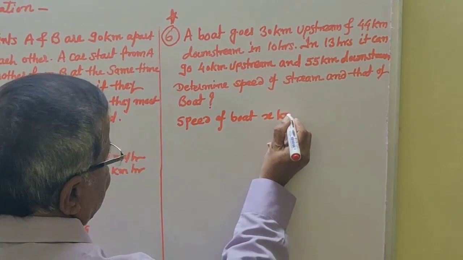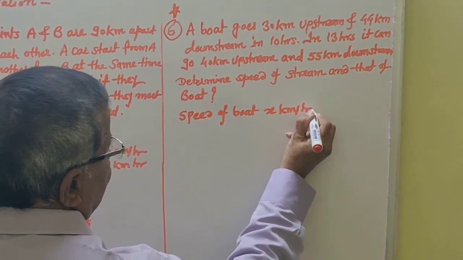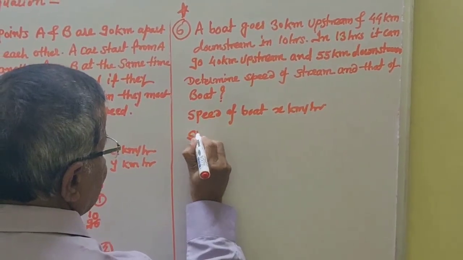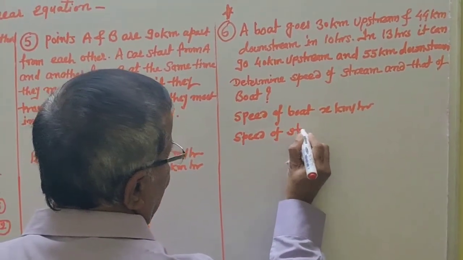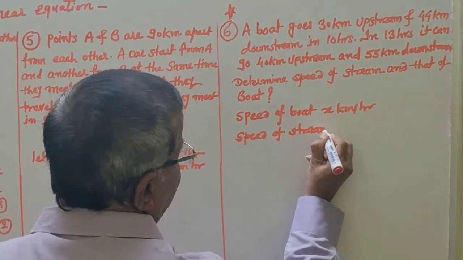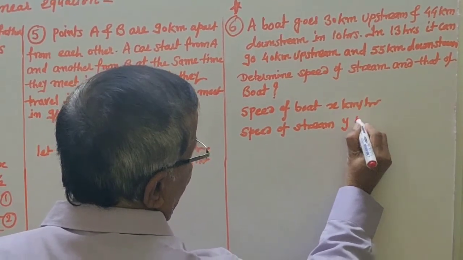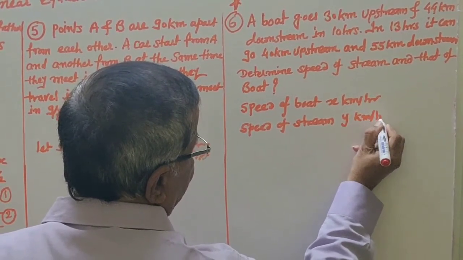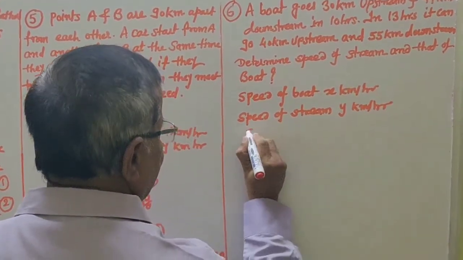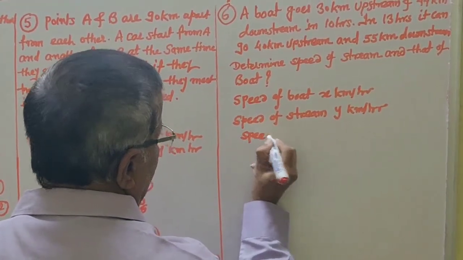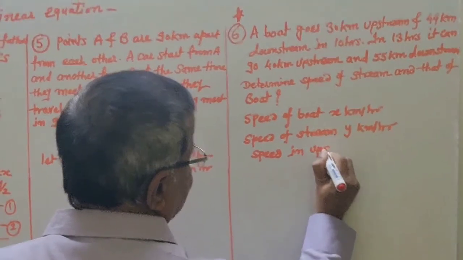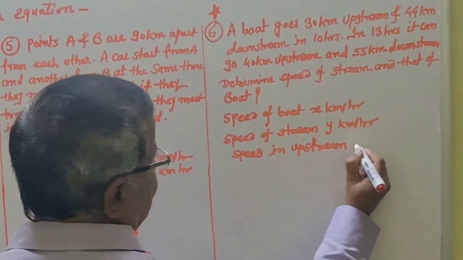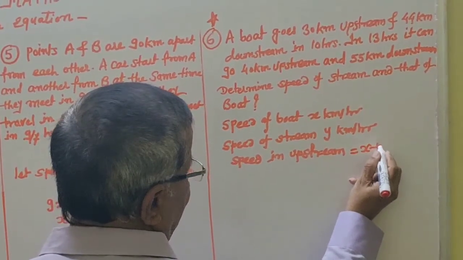Okay, because the speed of boat is always greater than speed of stream. Now you know that in upstream the speed will get reduced. The speed in upstream is equal to x minus y.